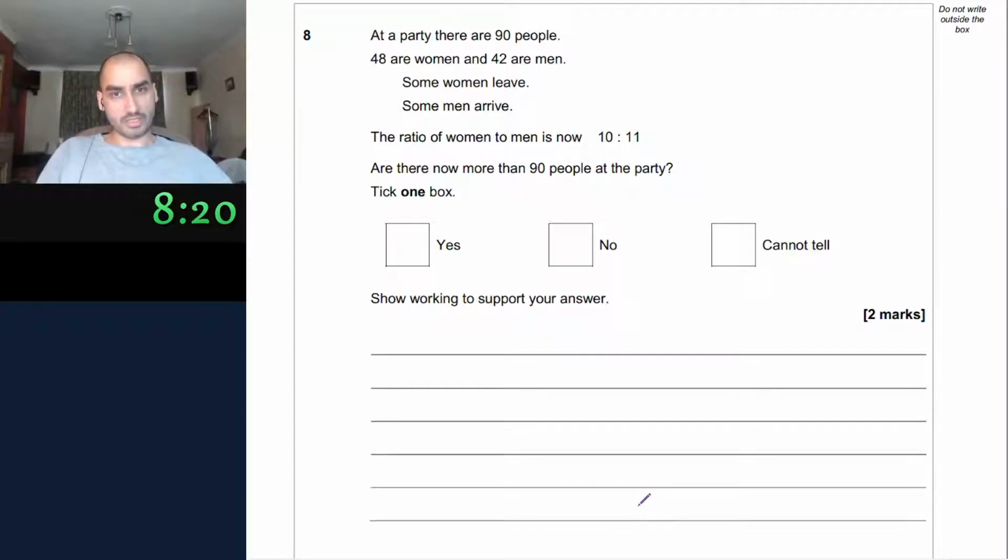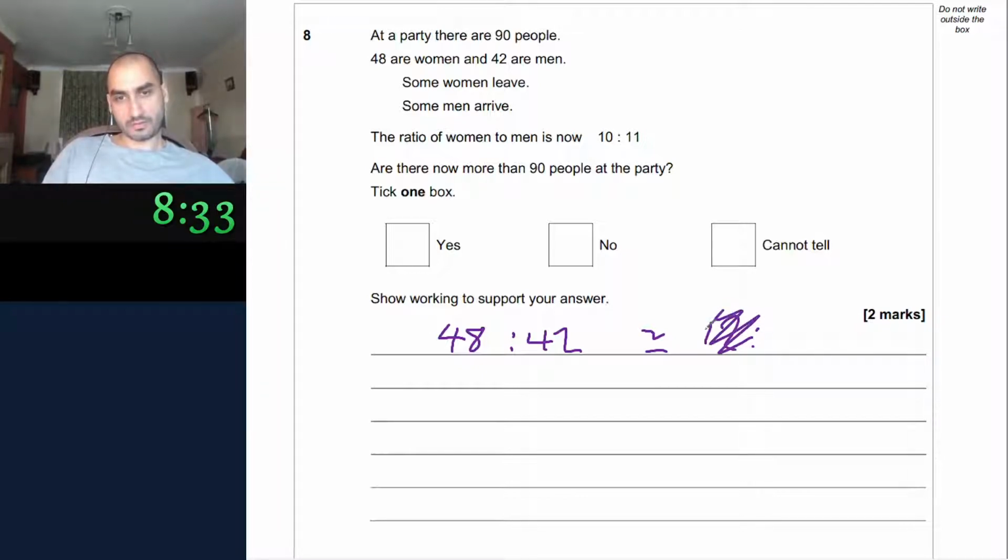So initially we've got 48 to 42, which is the same as 24 to 21, which is the same as 8 to 7.